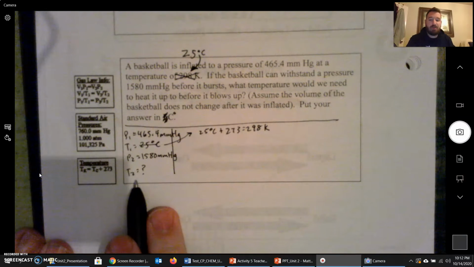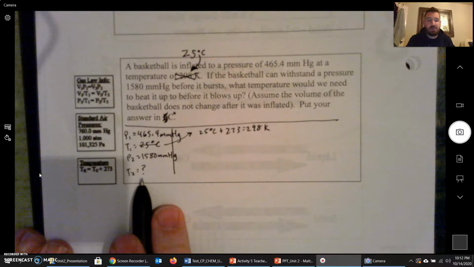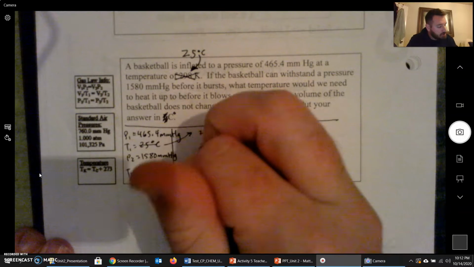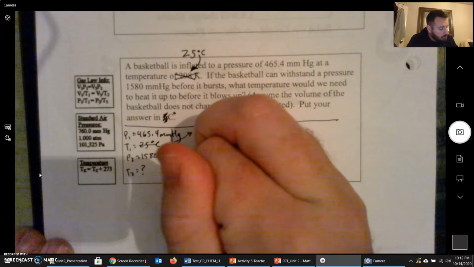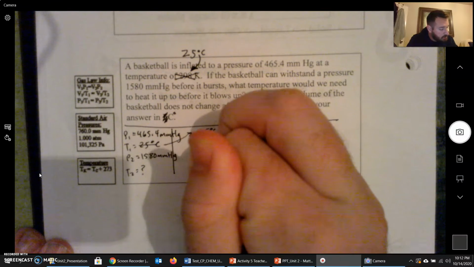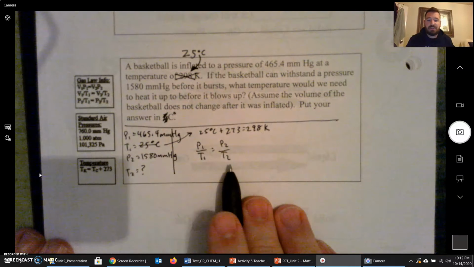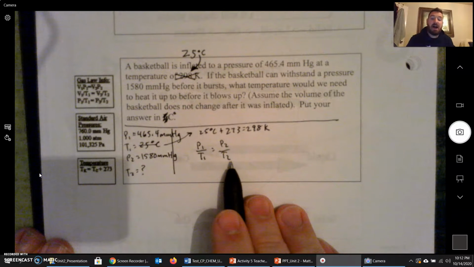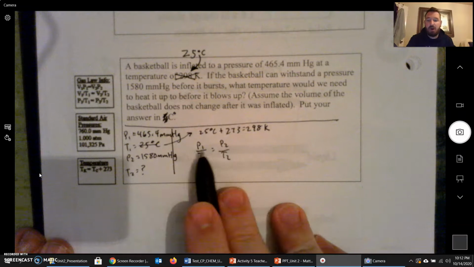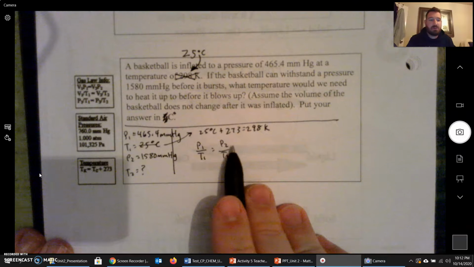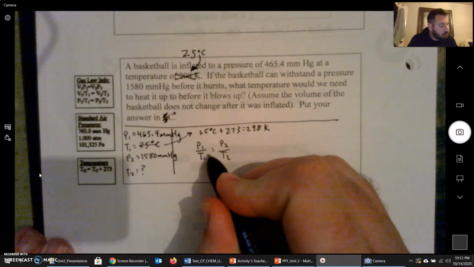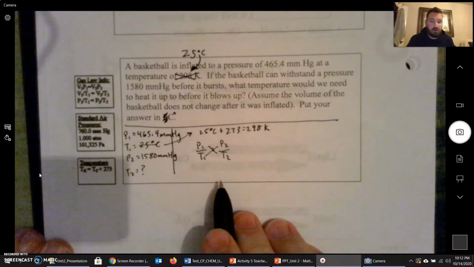Now we need to rearrange our formula to solve for T2, and this is where a lot of people missed some points on the quiz. Let's start with our formula of P1 over T1 equals P2 over T2, and I need to solve for T2. I can't move P2 over. There's nothing I can do to move P2 over. So I'm going to start with cross multiplying.